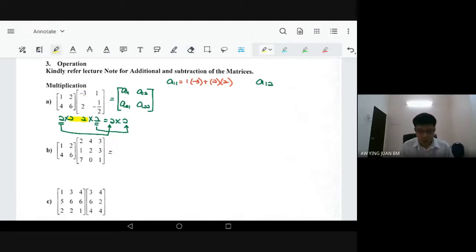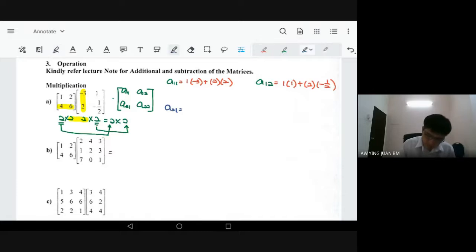Dan kita perlu tengok row 1, column 2. Sambung, perkara yang sama. 1 multiply with the 1 plus 2 multiply with the negative 1 over 2. Begitulah prosesnya. Sambung lagi untuk seterusnya A21. So kalau A21 kita perlu rujuk iaitu 2, 1.